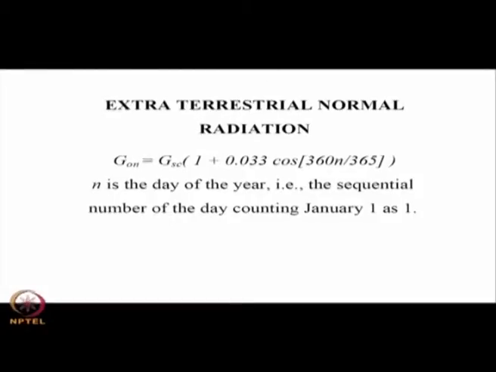So, now on an instantaneous basis, we know the extraterrestrial radiation, which is the intensity at any given instant of time. This is the amount of radiation that will be received if there is a surface at one sun to earth actual distance on the day n.